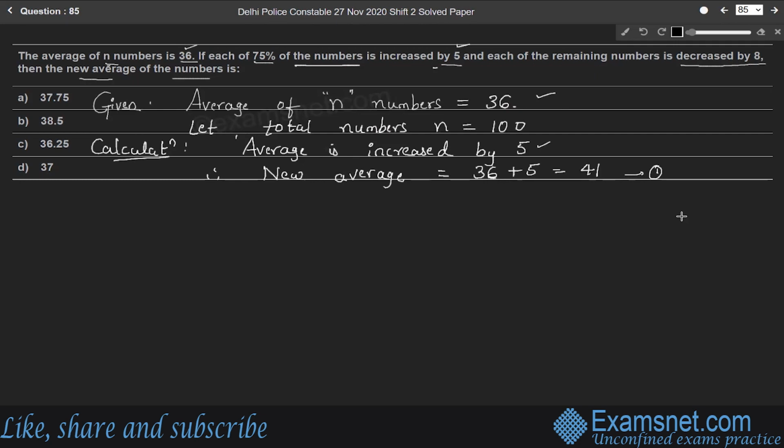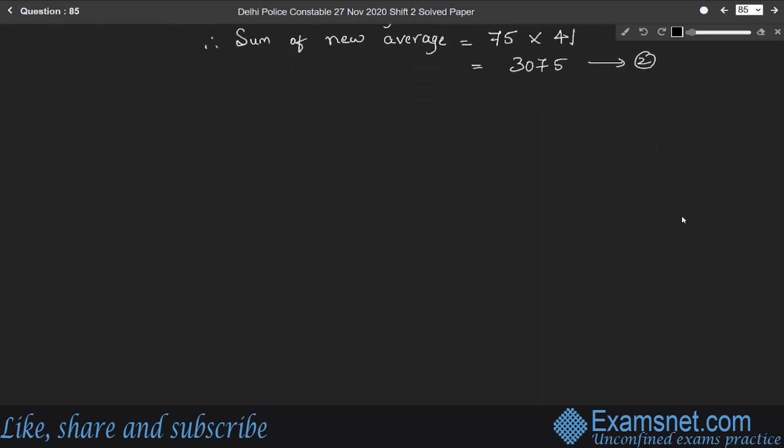So the sum of the new average: according to the question, 75% of the numbers is increased by 5. Therefore, the sum is 75 into the new average, which is 41, which is equal to 3075. Consider this as 2. Right.